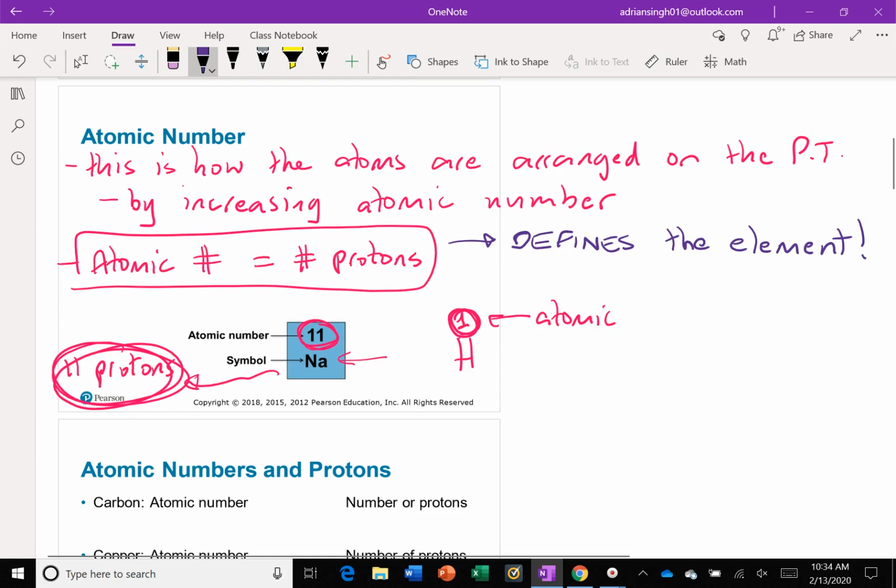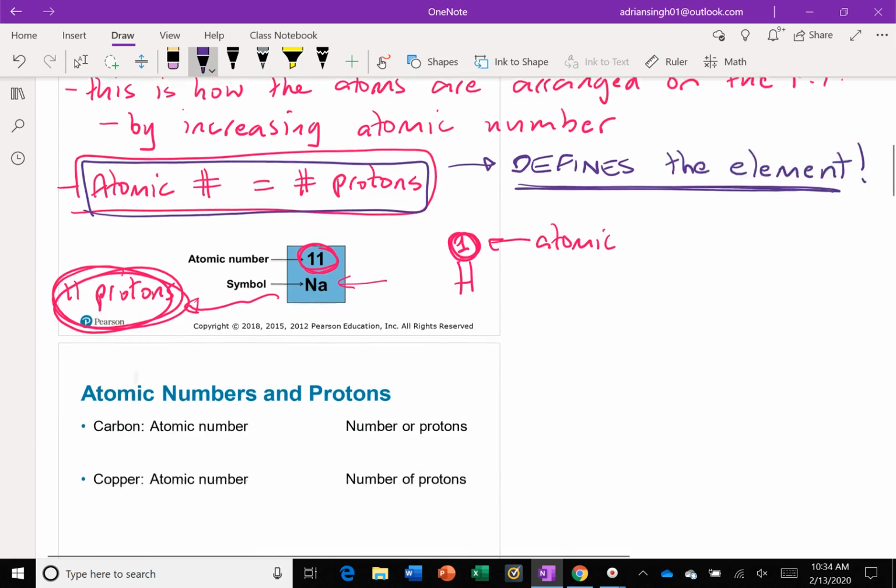It cannot be anything else. If you tell me something has an atomic number of 10, well, it couldn't be sodium, it'll be neon. Something has an atomic number of 1, it can only be hydrogen, right? So the atomic number, which is the same as the number of protons, defines what that element is.